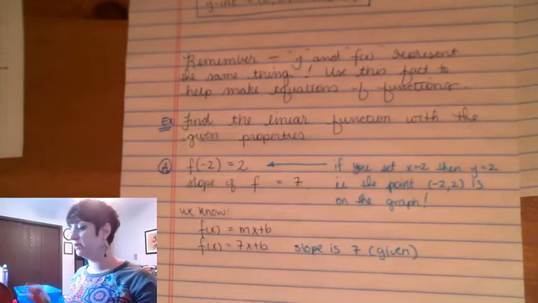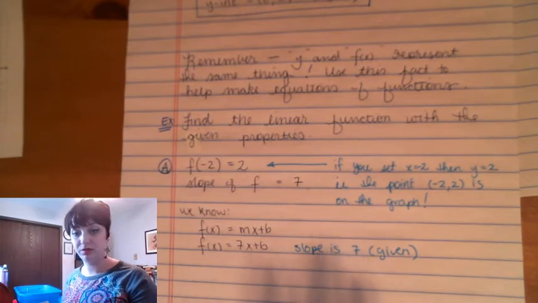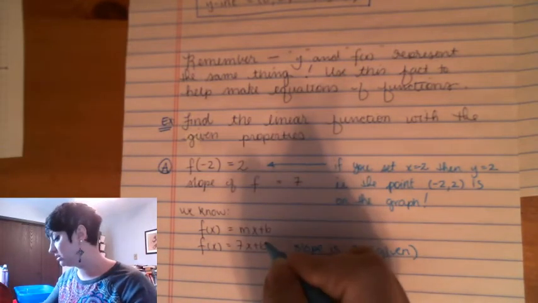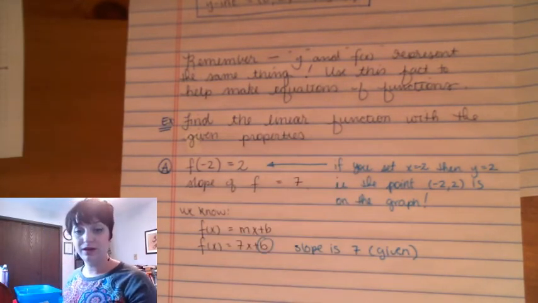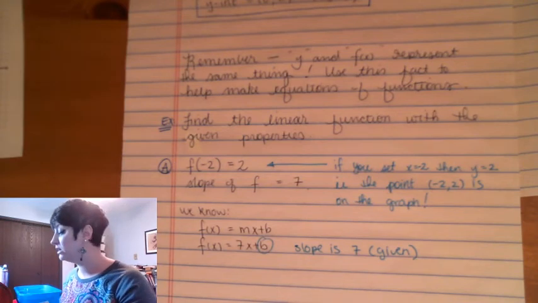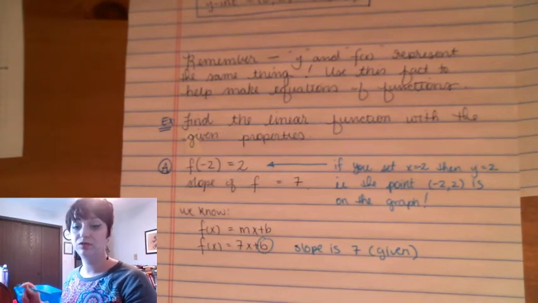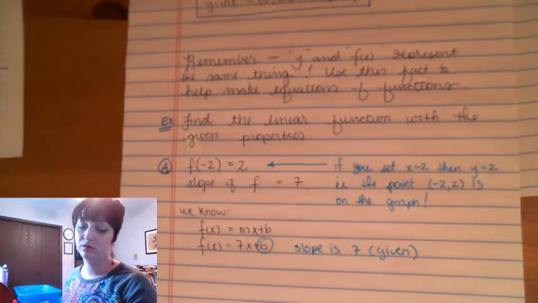So the slope is 7. That was a given. So we get to plug this in. So what we need is we need to find b. And how we're going to do that is we're going to use the fact that -2, 2 is on the graph in order to solve for b.